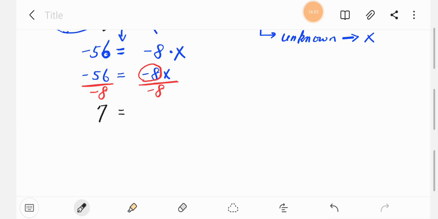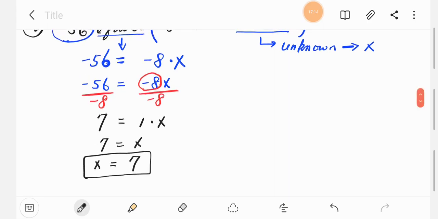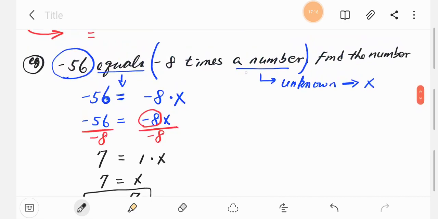And the right side is negative 8 and negative 8. They are the same number, so it becomes 1, right? 1 cancels out, 1x. So 7 is equal to x. So you can write x first: x is equal to 7. So this is the number, the solution of this equation, and the solution is the number. We are looking for the number, right?